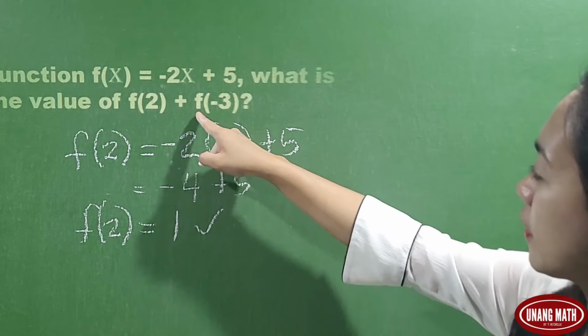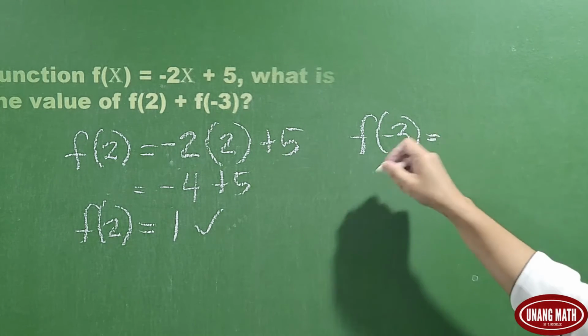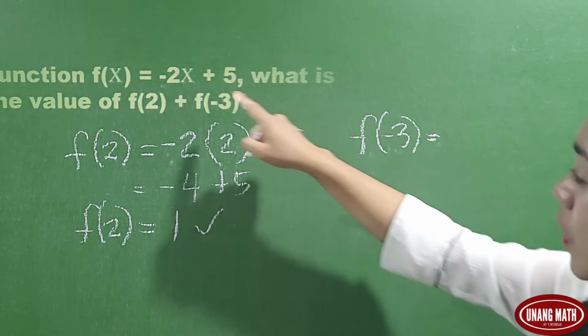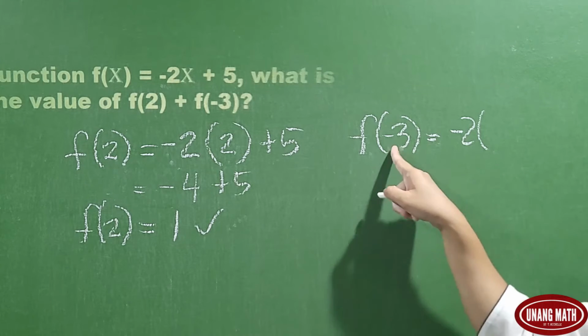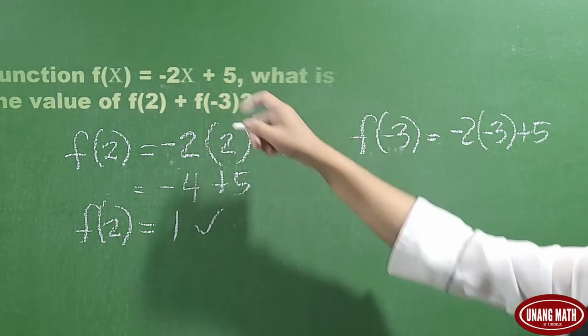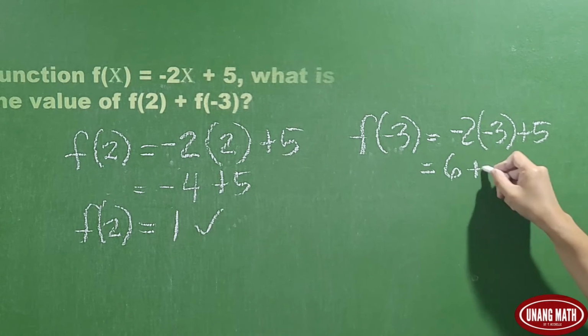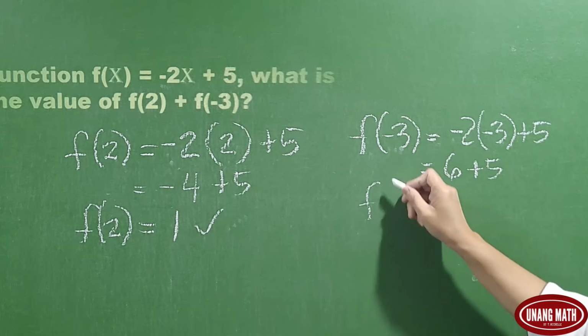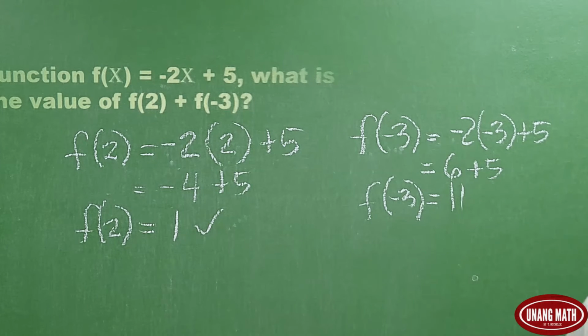Okay, what about in this function? F of negative 3. So f of negative 3 is equal to negative 2 times the value of x, which is negative 3. So times negative 3 plus 5. So negative 2 times negative 3, that's 6. So 6 plus 5, then that means f of negative 3 is 11.